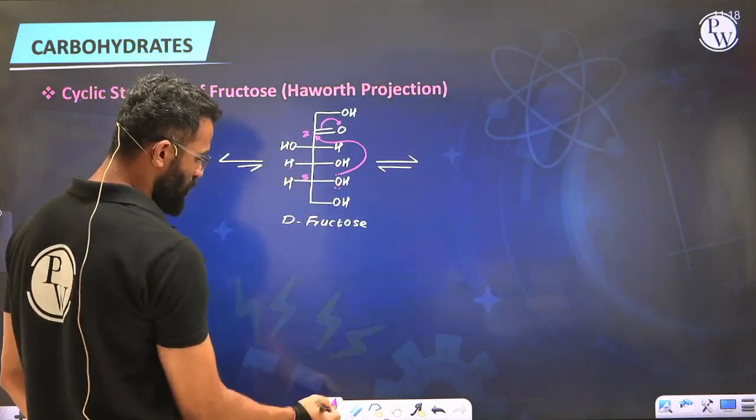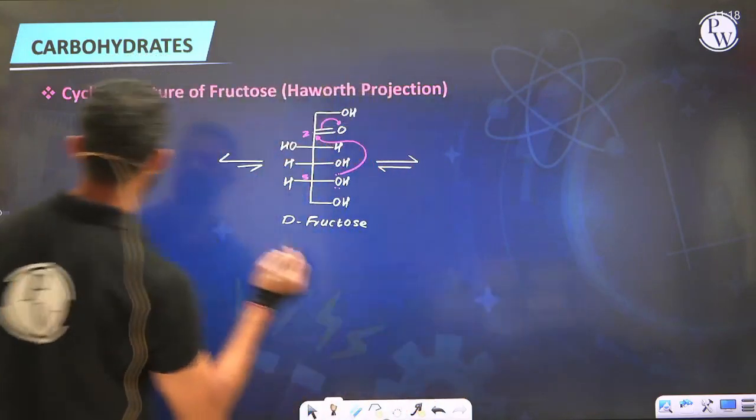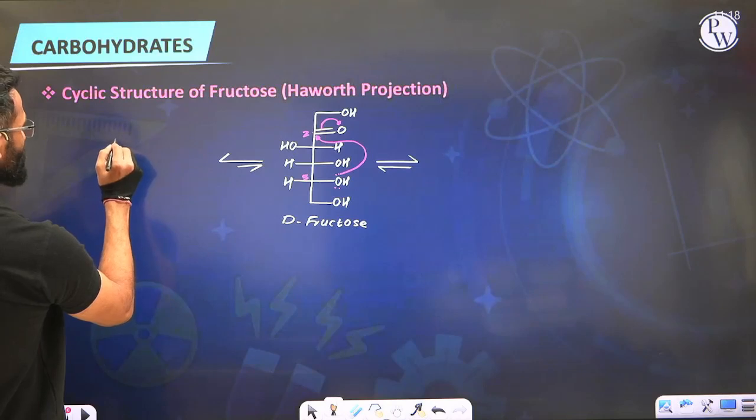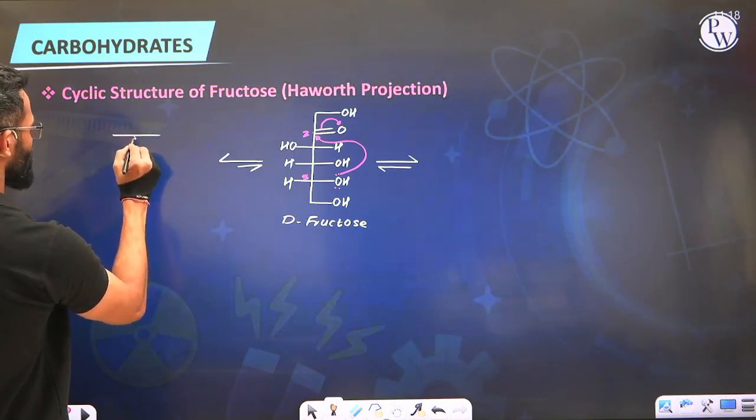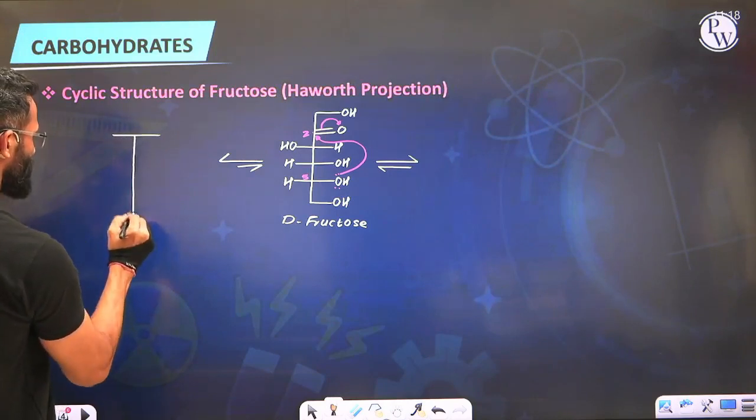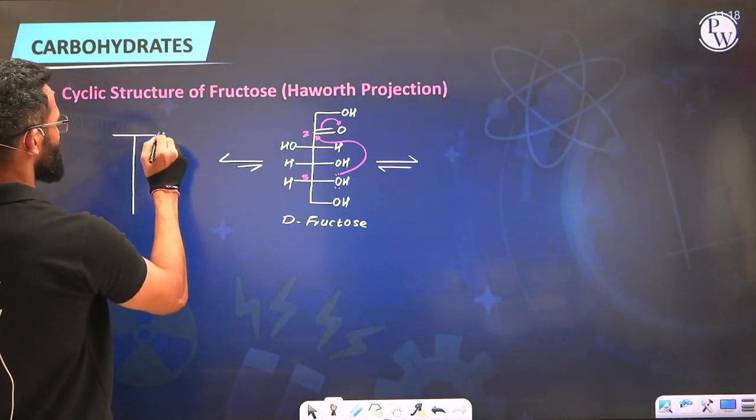So the closed chain structure formed can be represented like this. Let's say I'm representing this as alpha.